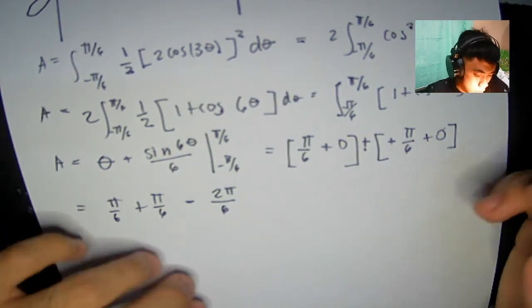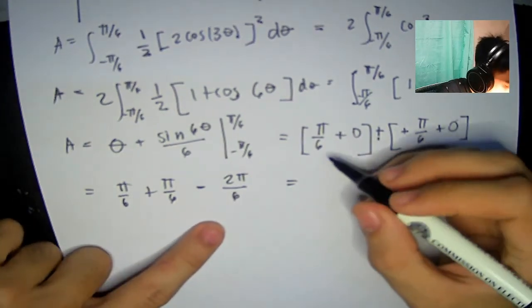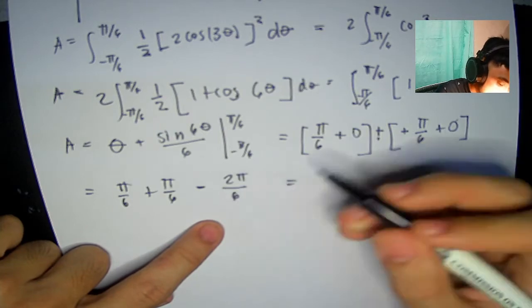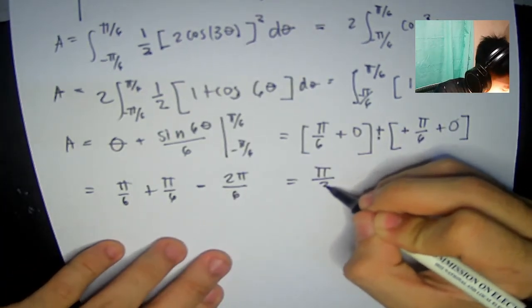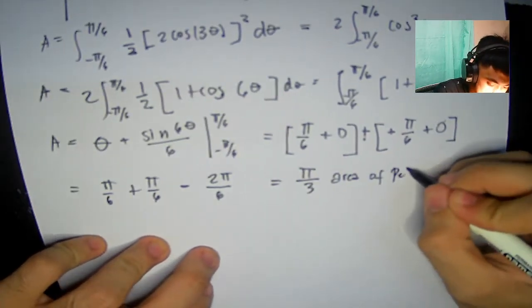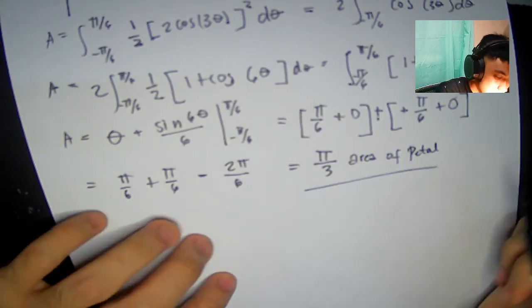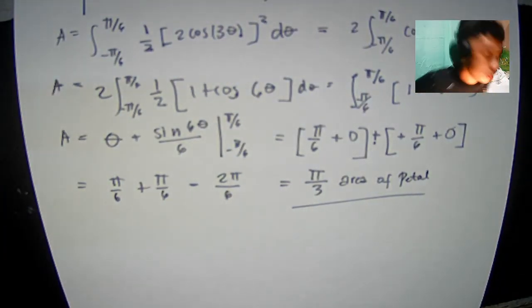We can still simplify this: cancel, divide by 2, so we have pi over 3. Area of the petal. So the area is pi over 3.